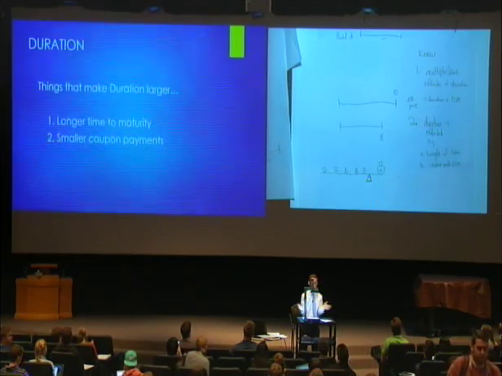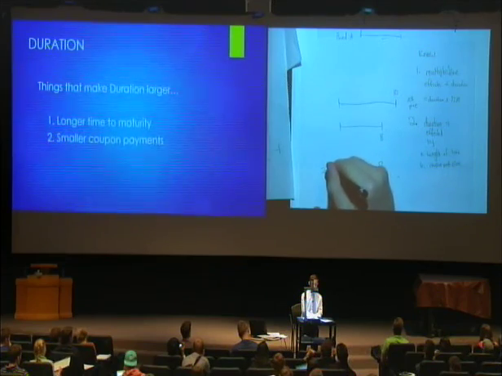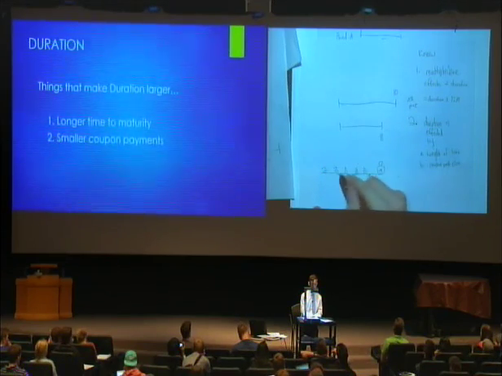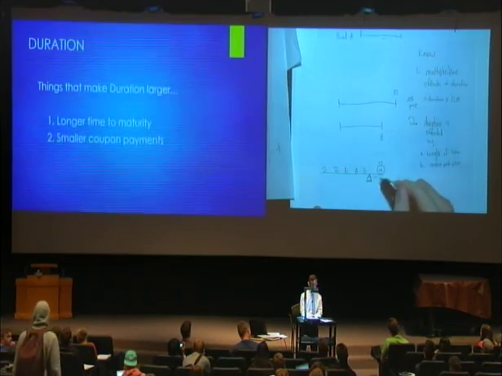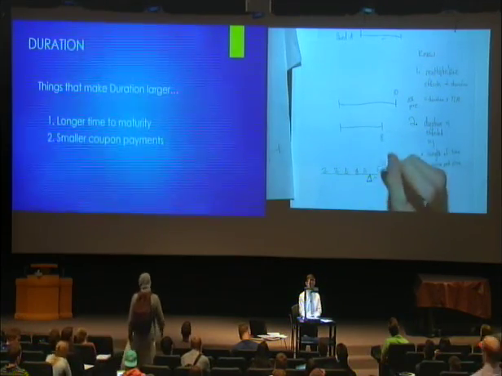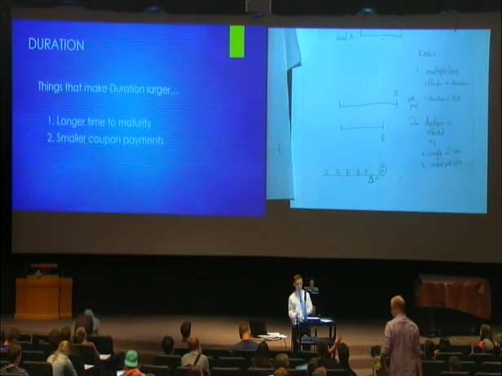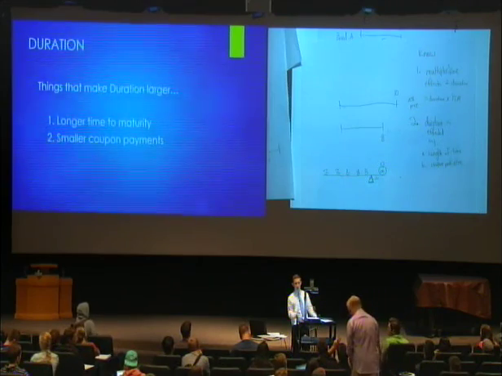It's where this would balance out. So it's your average time of getting your money back. And so that's why smaller coupon payments move it this direction, right? If you have smaller coupon payments, it's going to be weighted heavier here. So you're going to have to adjust for that. So that's literally what duration is solving, but you do not have to solve for that.